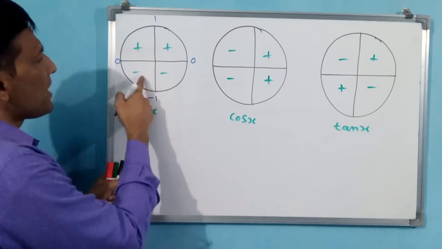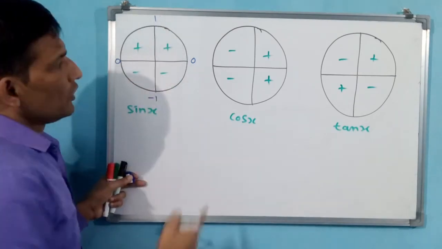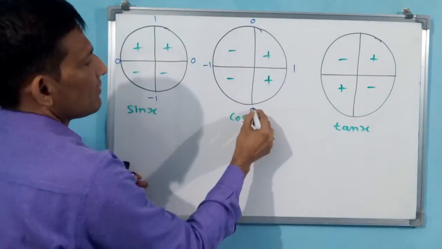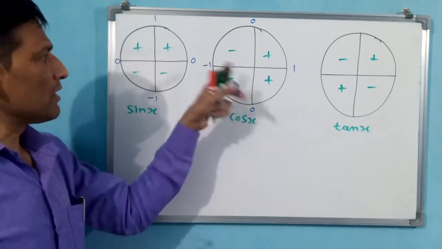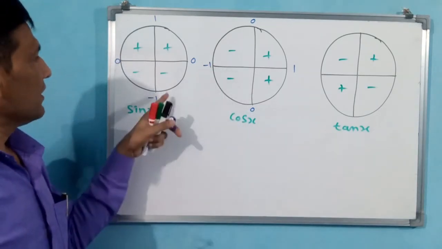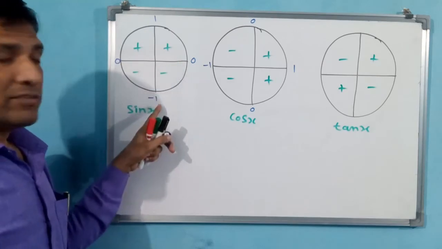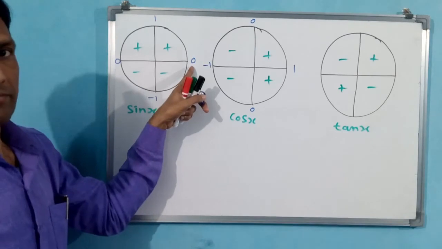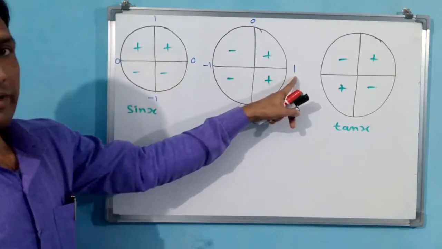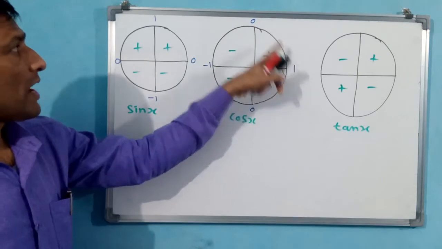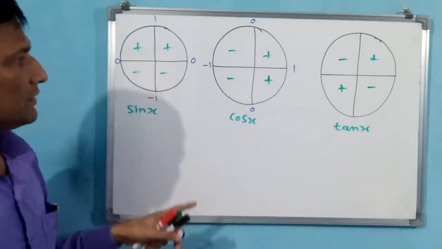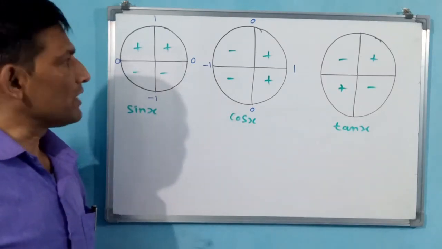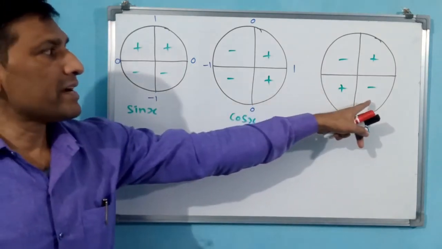Now, sine 270 is minus 1, sine 360, 2 pi, is again 0. Cos 0 is 1. See, these are values. Don't confuse with angles. Angles I will write afterwards with red color pen. Angles I will write for tan.